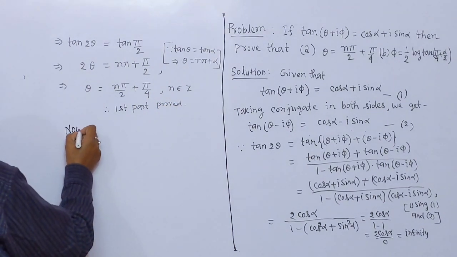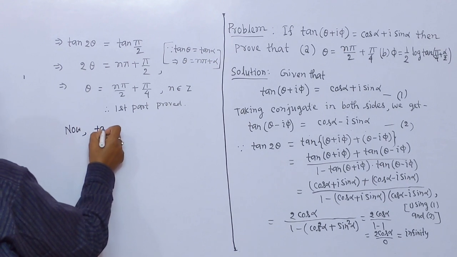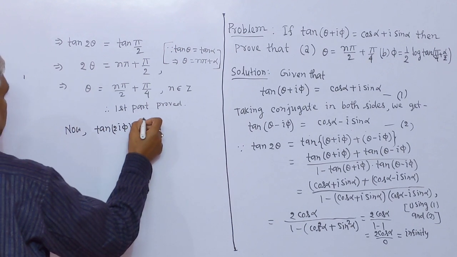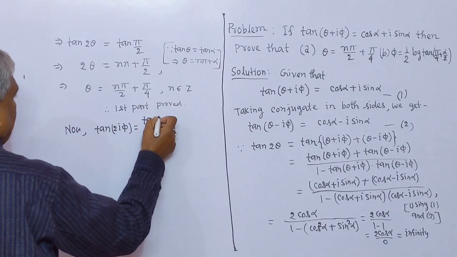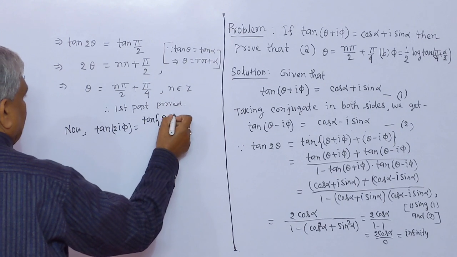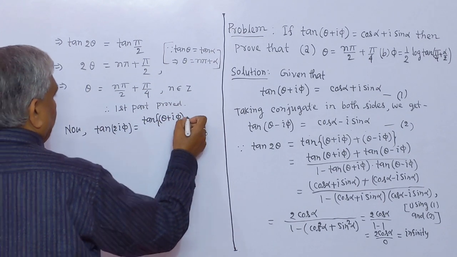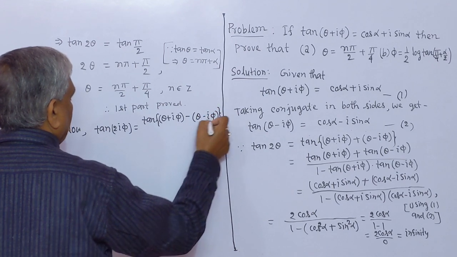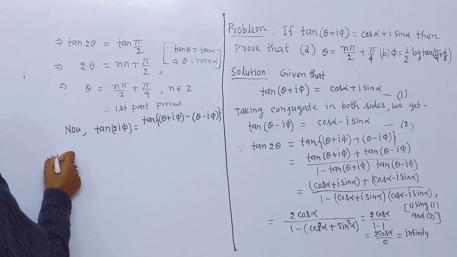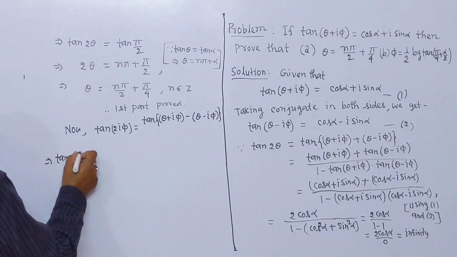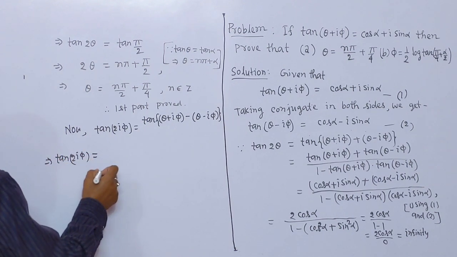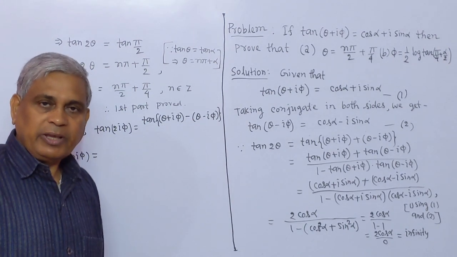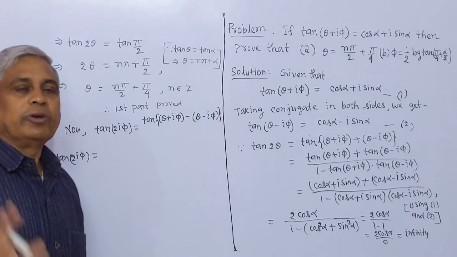Now tan i phi equal to tan(theta plus i phi minus (theta minus i phi)). Implies that tan i phi equal to, tan(a minus b) is (tan a minus tan b) by (1 plus tan a into tan b).